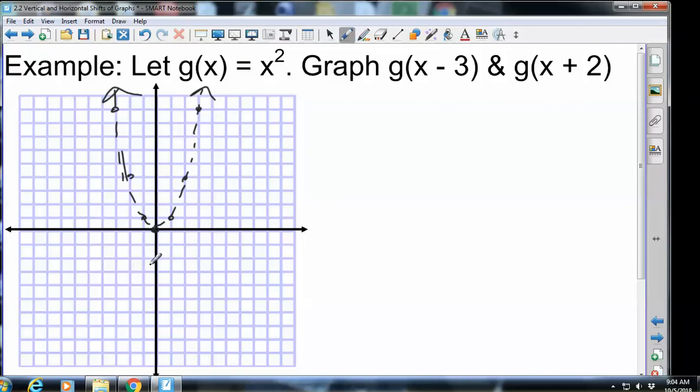So, all right. I'm asking you to do two different things here. G of x equals x minus 3 squared. Inside is x, and it does the opposite. So subtracting 3 would move it right. So I'm going to take each of those points right 3.